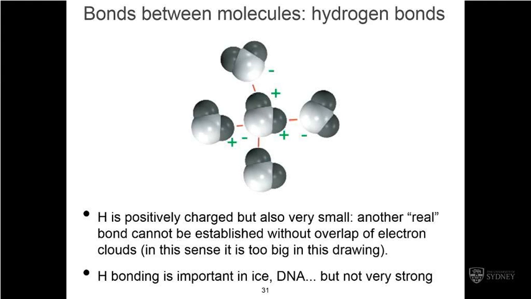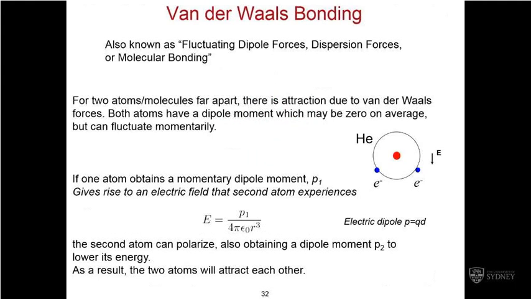Okay, I think this is the last type, the van der Waals bonding. So let's have a look at that. This kind of bonding has a number of different names, I guess, depending on what discipline you're in, or even within the same discipline.